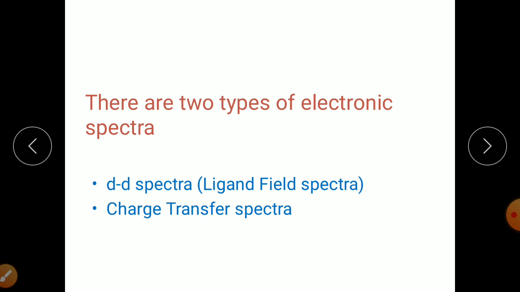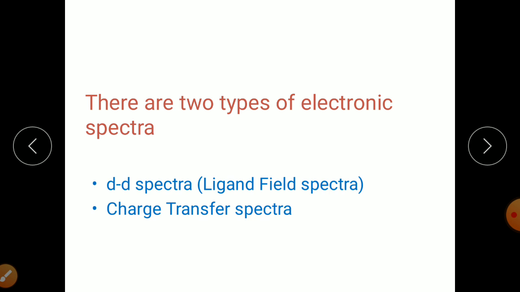Based on the Orgel diagram or the Tanabe-Sugano diagram, we can easily interpret the d-d transition spectra. These are mainly based on spin allowed transitions. That's why these are due to the d-d transitions.